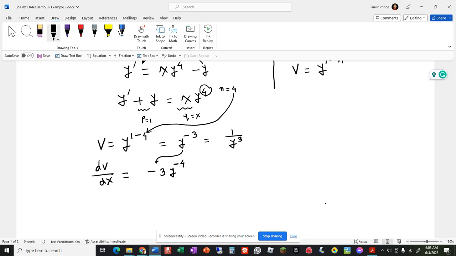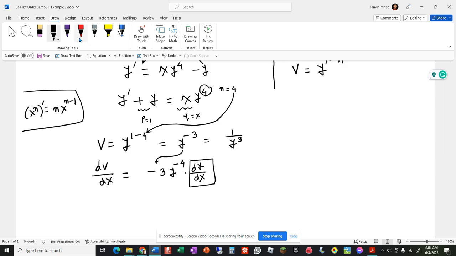Remember, the derivative of x to the n is n x to the power n minus 1. Of course, we're using y here instead of x, but y is a function of x, so you multiply by y prime, or dy dx. It's the chain rule.